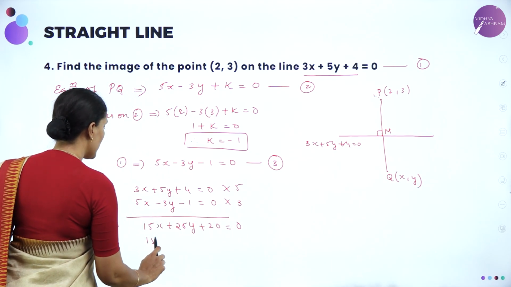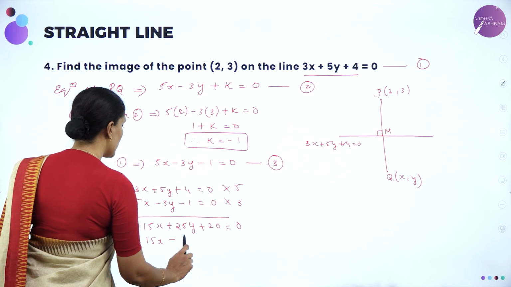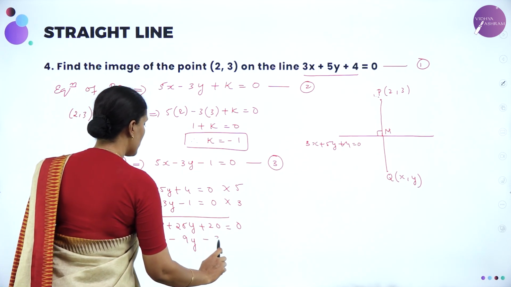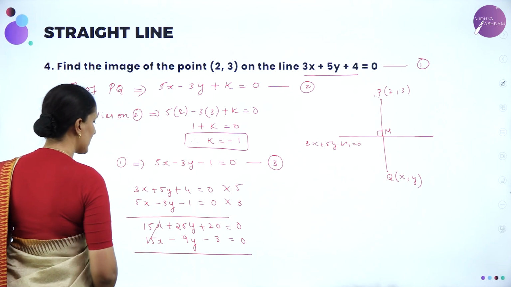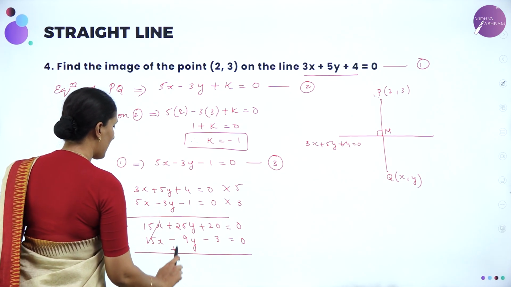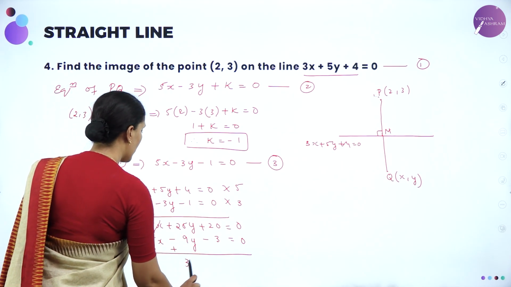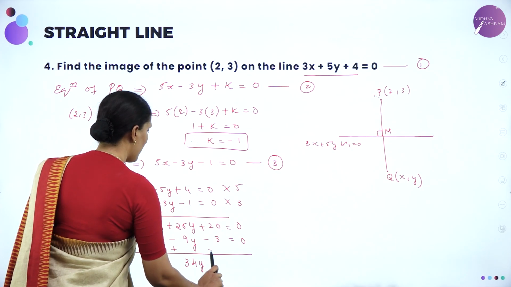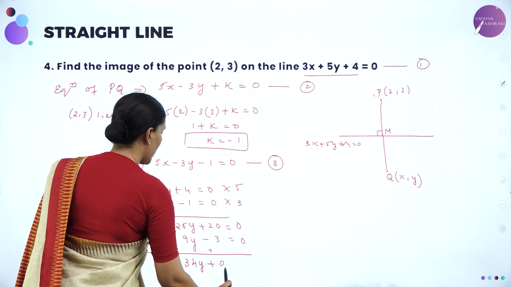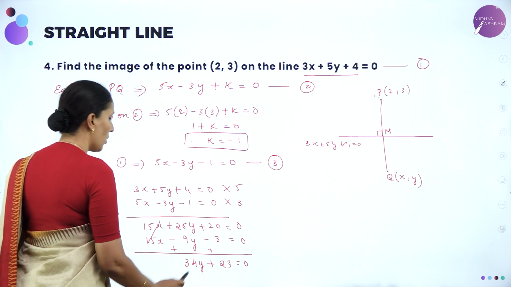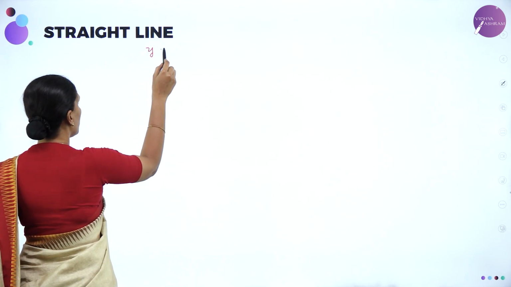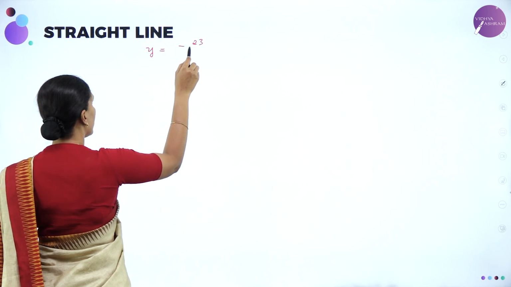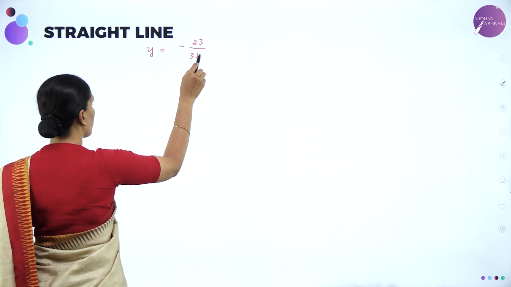Here, 3 5s are 15x, 3 3s are 9y, minus 3 is equal to 0. Let us subtract. When you subtract, the x terms cancel. So this is plus 25 plus 9 is 34y, and plus 23 is equal to 0. Solving this, we get y as minus 23 divided by 34.